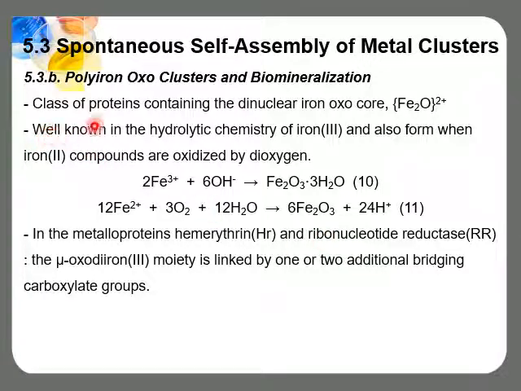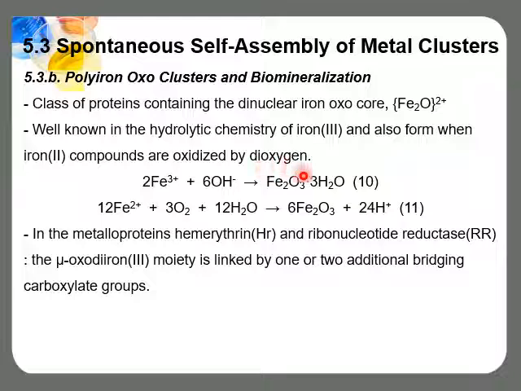It is well known in the hydrolytic chemistry of iron 3+, and also formed when iron 2+ compounds are oxidized by dioxygen. Here you can see that when Fe3+ reacted with enough base, they are hydrolyzed to make iron oxide.